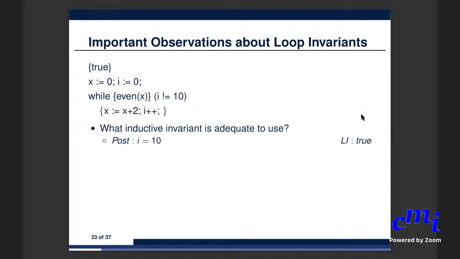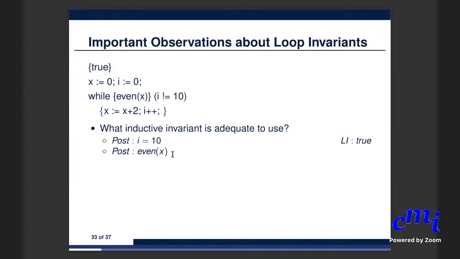It was almost trivially true that if you exited the loop at all, this thing is satisfied, because the post condition is the negation of that thing. So you can get away with using the weakest loop invariant, true, whenever the post condition is just the negation of the loop entry condition. Otherwise, you have to.